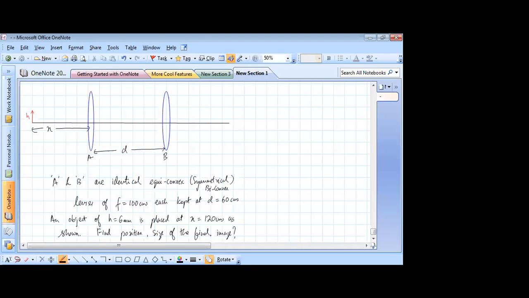Okay, people, so let's solve this one thing at a time. What is happening is the rays which are coming from here will tend to go like this, like this.